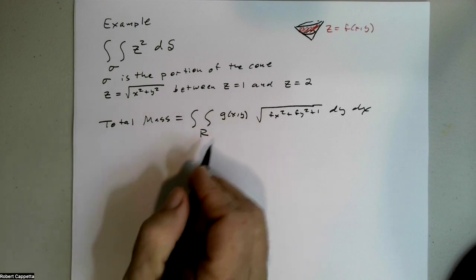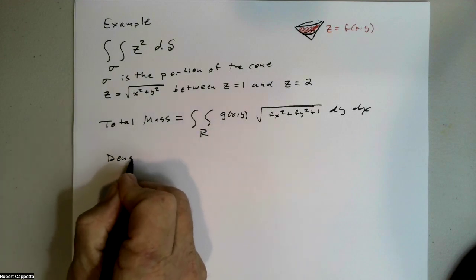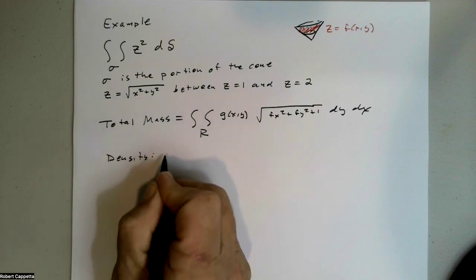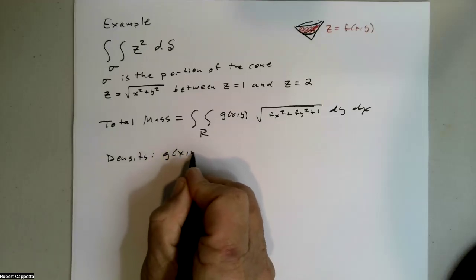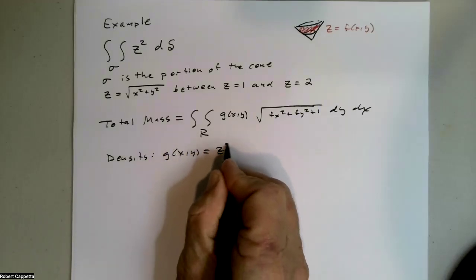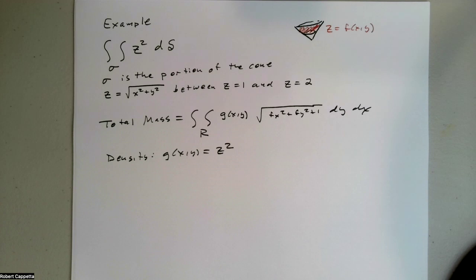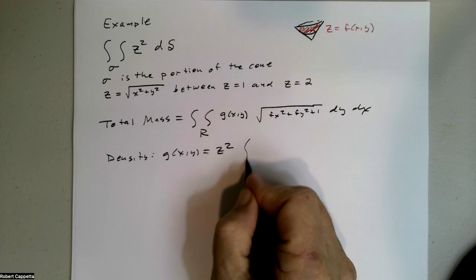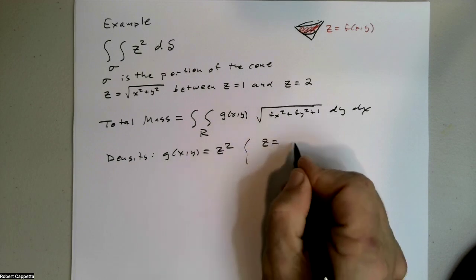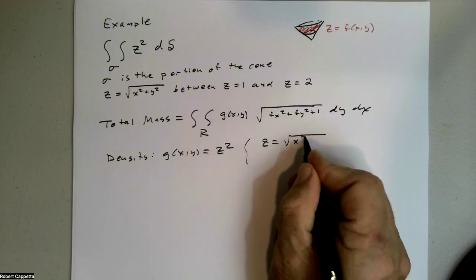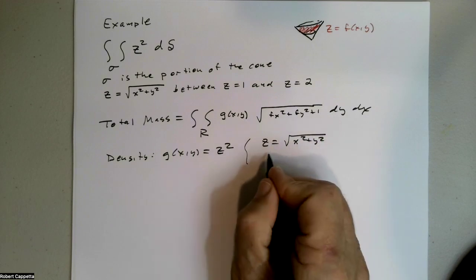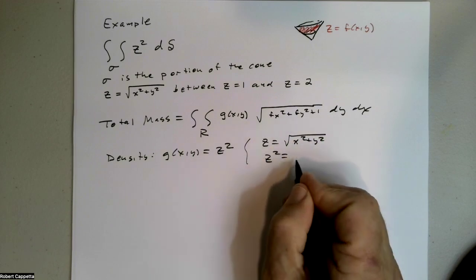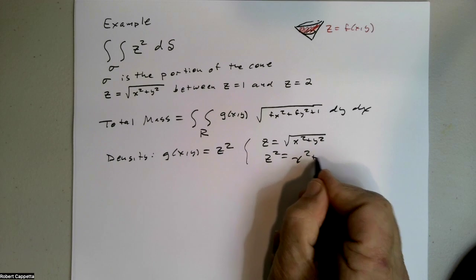Well, we see our density function, g of x, y, currently is equal to z squared. So recognize that is not a function of x and y. But what I see here is that z is the square root of x squared plus y squared, which tells me that z squared equals x squared plus y squared.